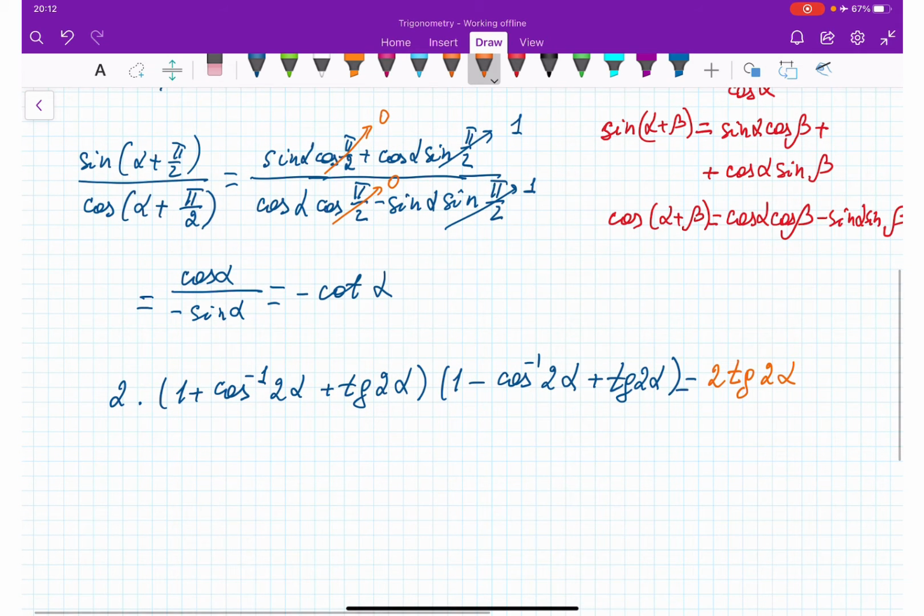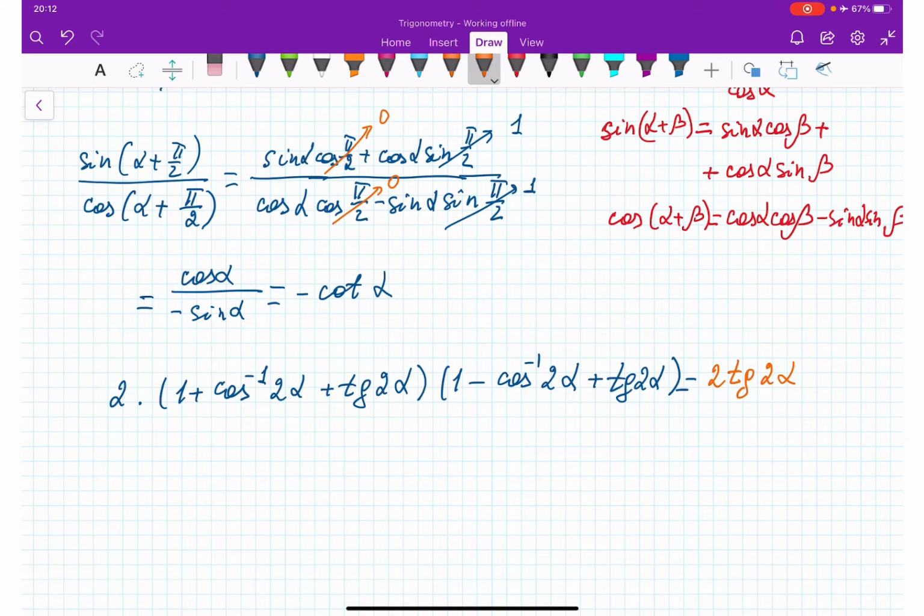Okay, so the left part of the equation we are going to simplify and bring to the right part of the equation. Okay, let's start working.